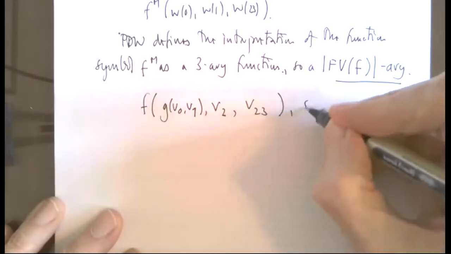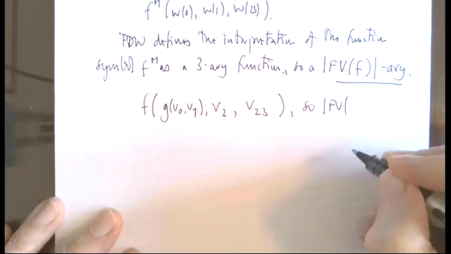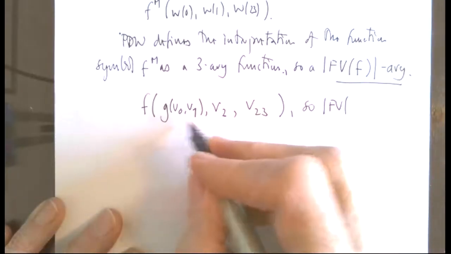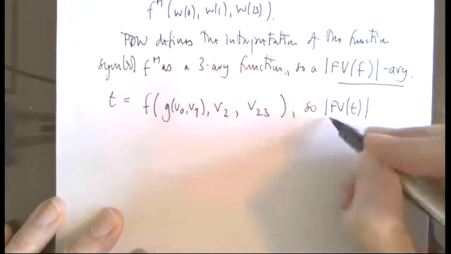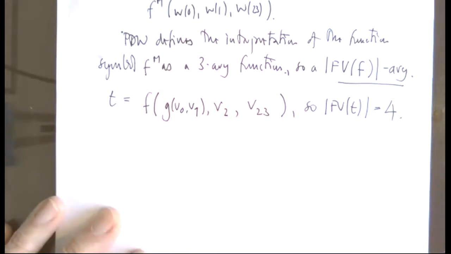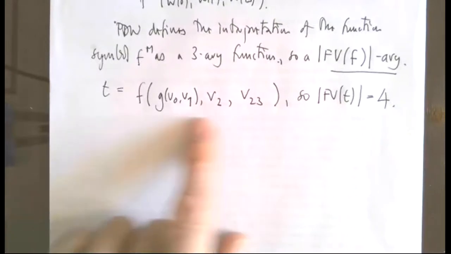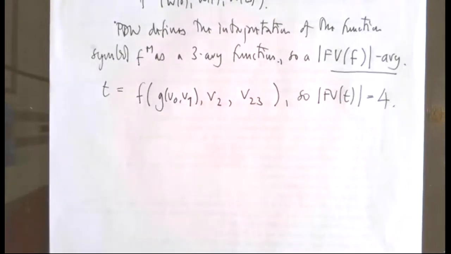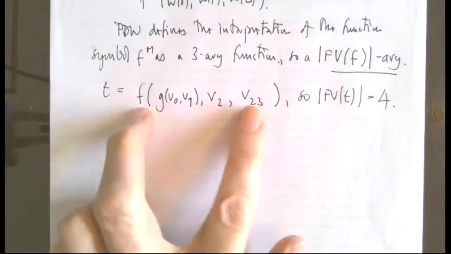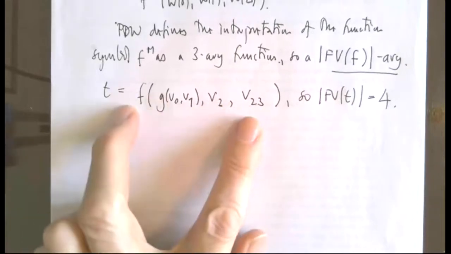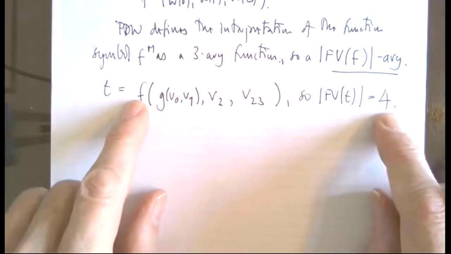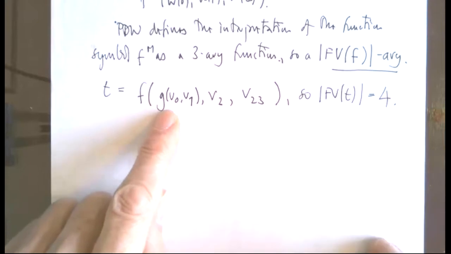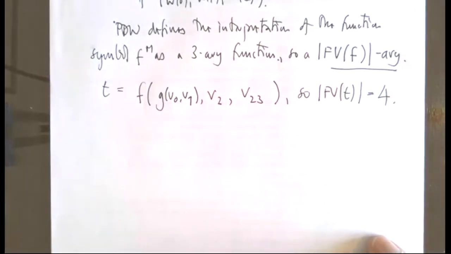So the free variables of this term, the size of this is 4. There are 4 free variables in here. So the function is originally ternary. The term itself is 4-ary, because the term is this function composed with this binary function here.